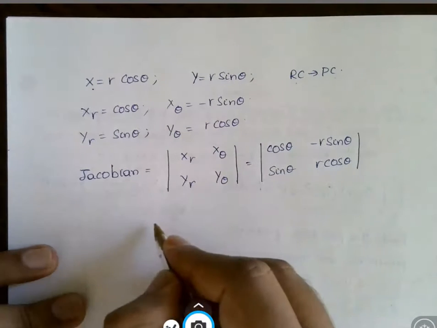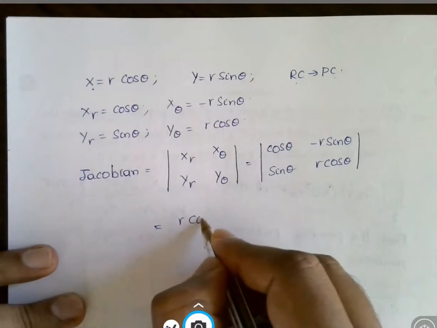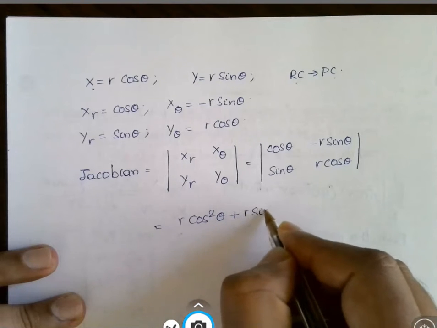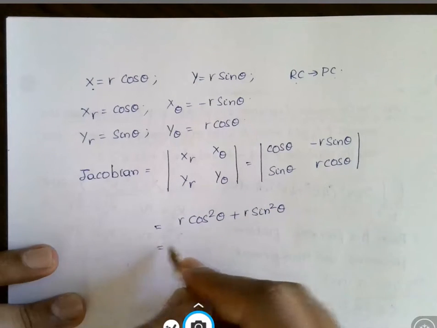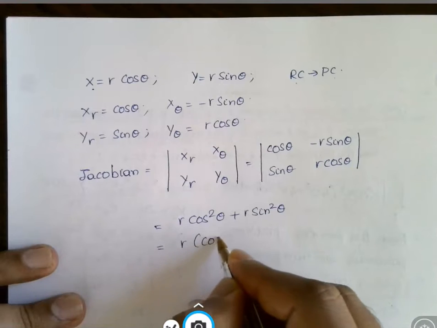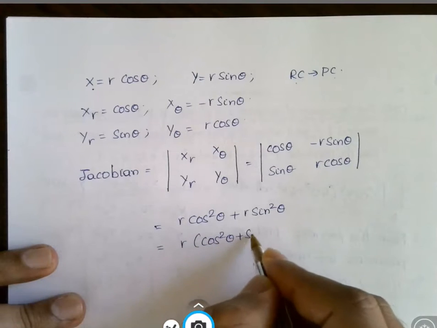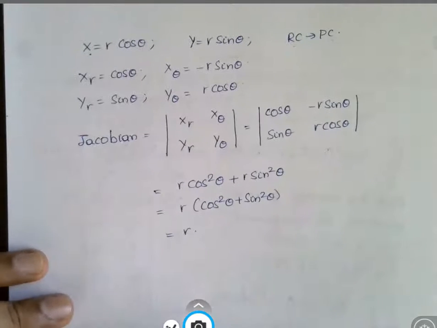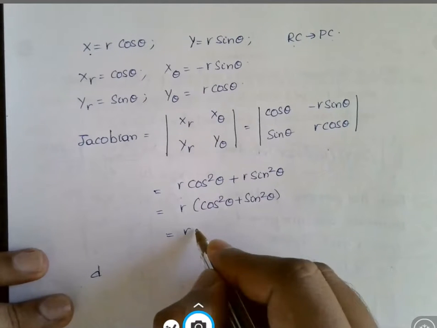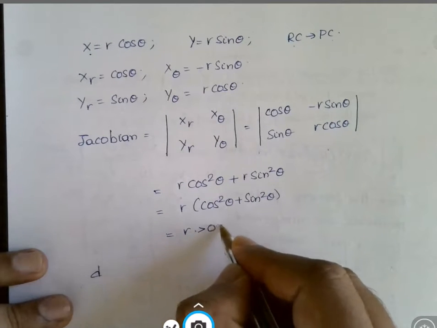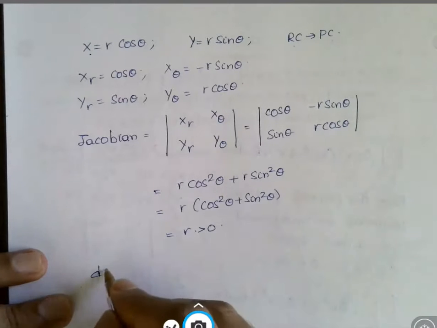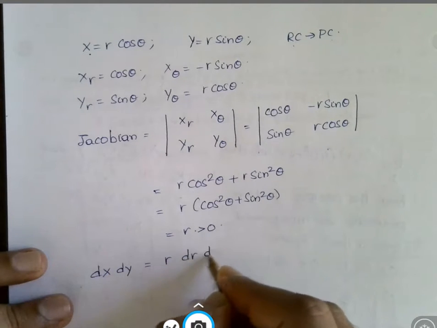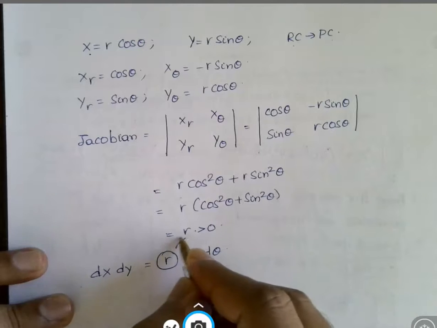When you multiply it, you get r cosine squared theta plus r sine squared theta. When you factor out r, you get cosine squared theta plus sine squared theta, so that's just r, right? And r, the radius, can never be negative, it will always be positive. So dA, in other words dx dy, is going to be r dr d theta. So that r is nothing but the Jacobian.